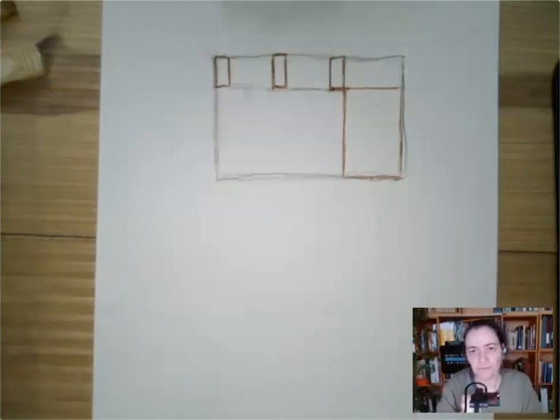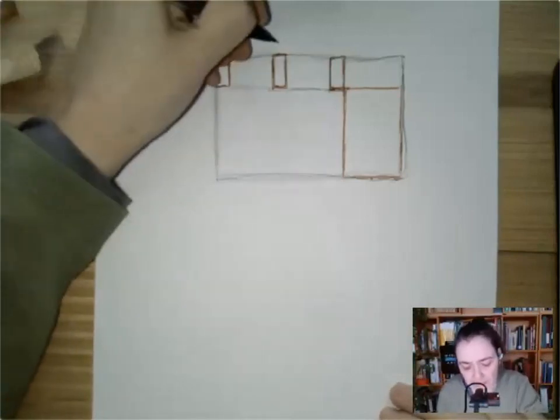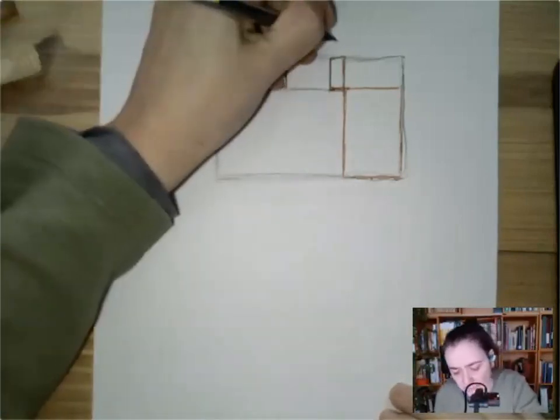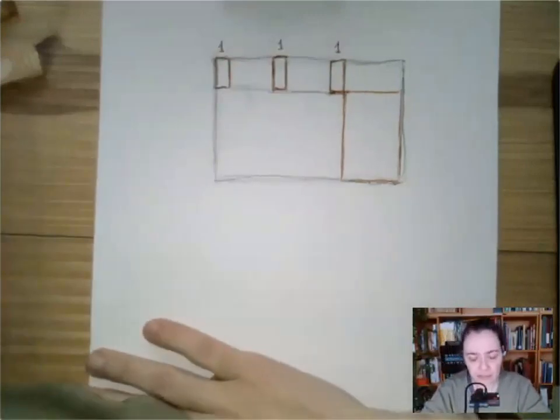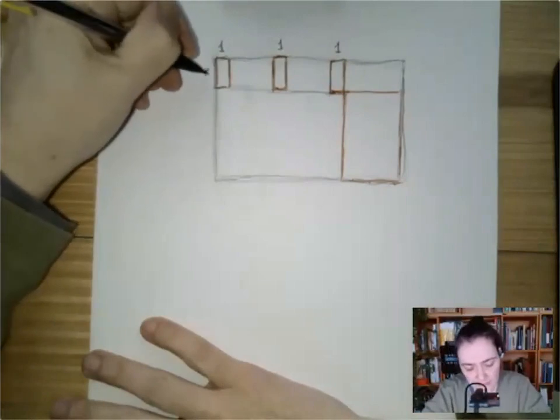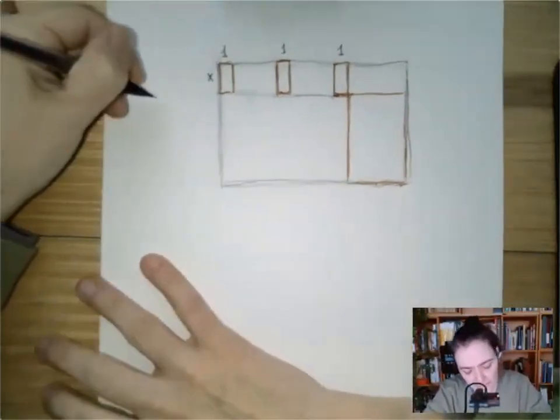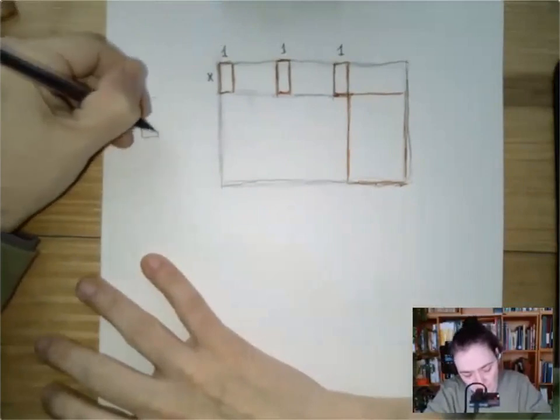And so in order to avoid fractions, I said, okay, let me call this smallest thing 1. So then this is 1 and this is 1. And then the only variable, the other side, would be x. So this little rectangle here is of sides 1 and x.